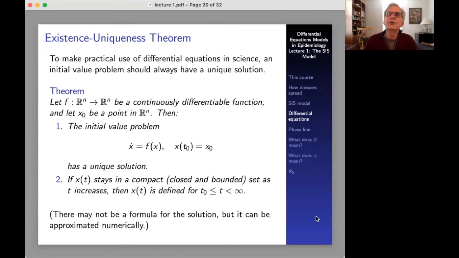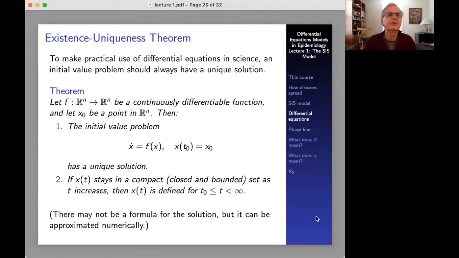For differential equations actually to be useful in science, it is important that initial value problems should have solutions, and the solution should be unique, so that we can use the differential equation to make a unique prediction about the future. And fortunately, that's true for all the differential equations one normally encounters.